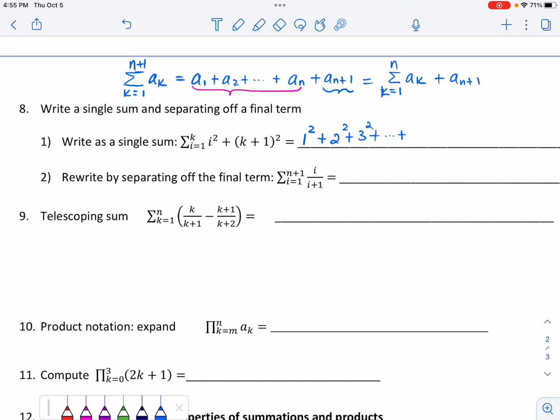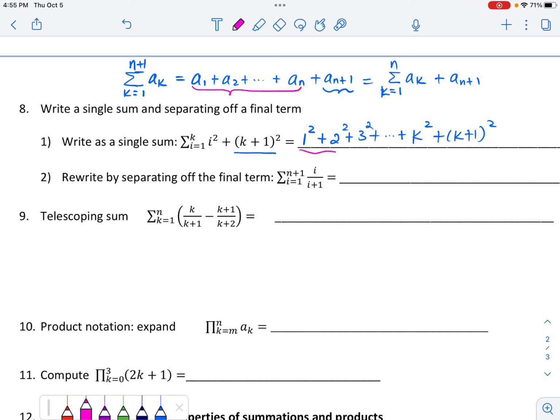And when do you end? When i is equal to k, that should be your last term in this summation. So k squared will be your last one. And then let's continue to copy this down, plus (k+1) squared, right?